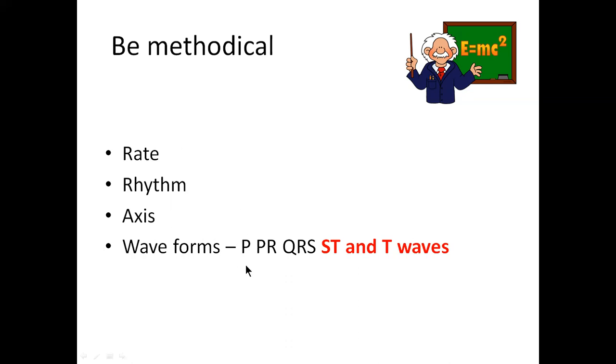First we looked at the P wave, decide whether it's normal or left atrial enlargement or right atrial enlargement. And next we looked at the PR interval, and then we looked at the QRS, the size and the morphology. So in our next video, we will be looking at the ST and the T wave.